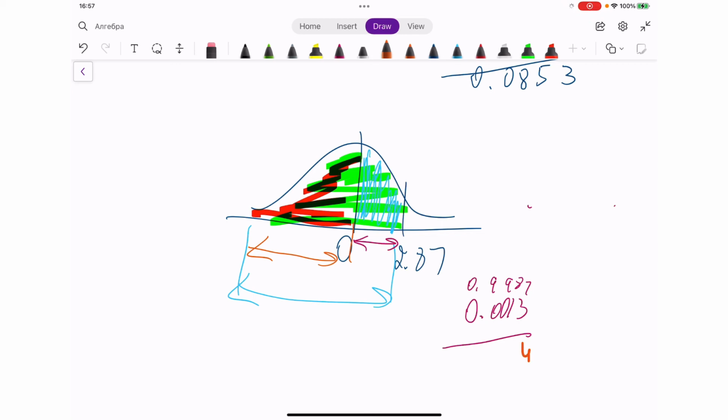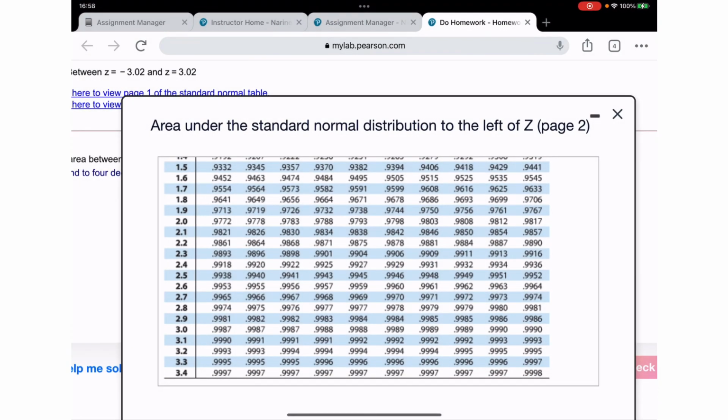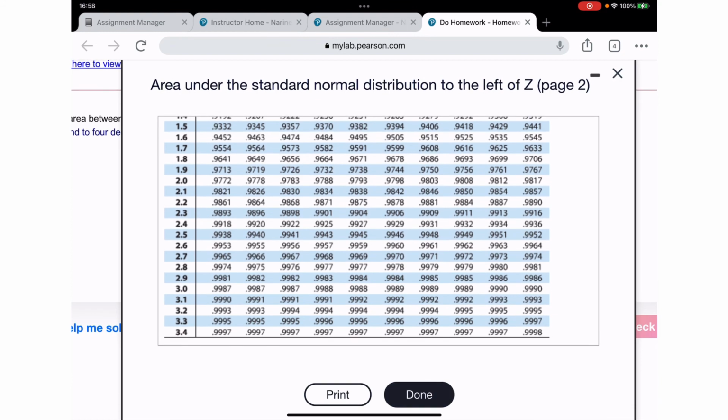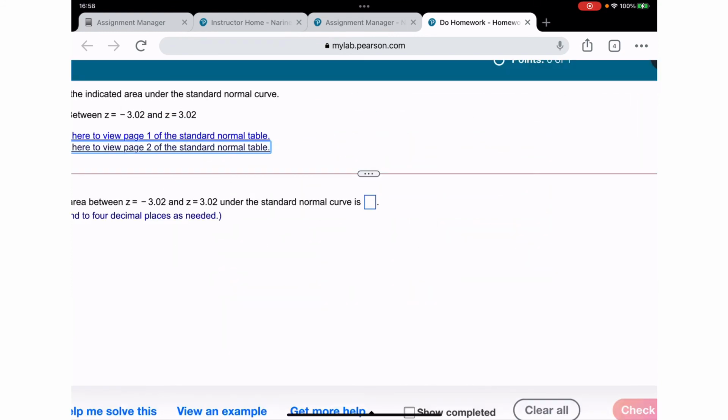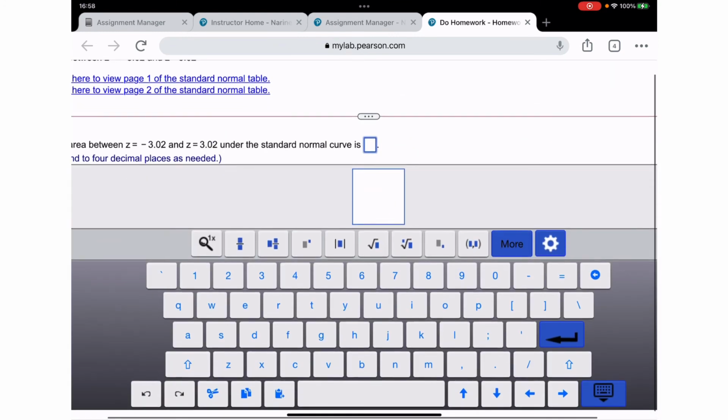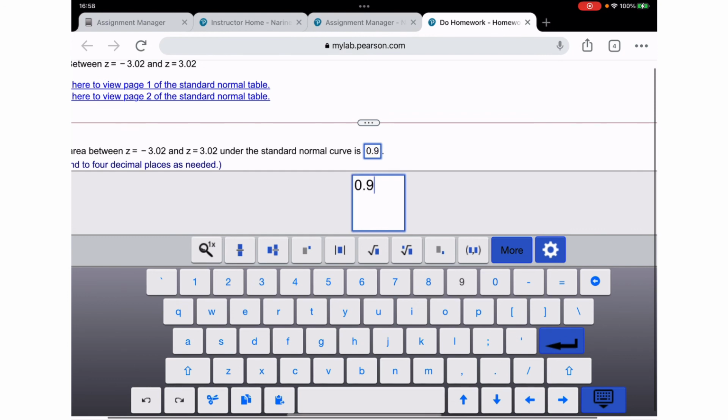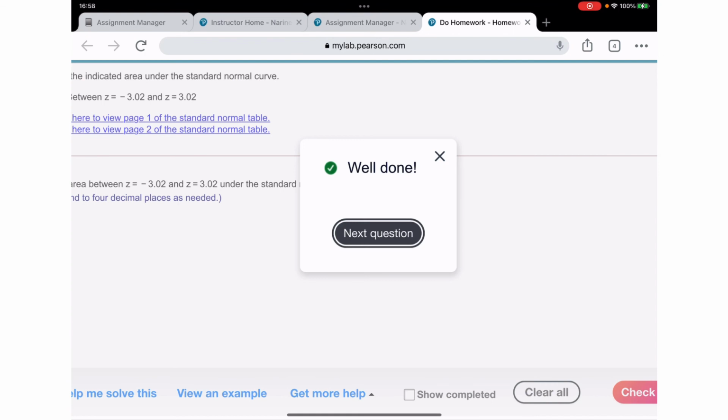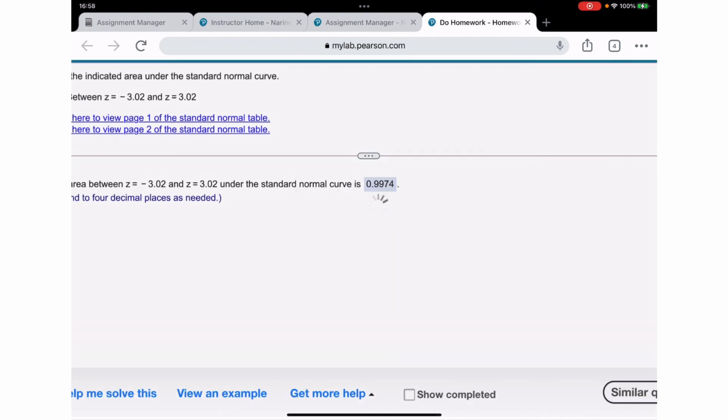Seven minus 3 is 4, 8 minus 1 is 7, here is 9, here is 9, 0.9974. Well done.